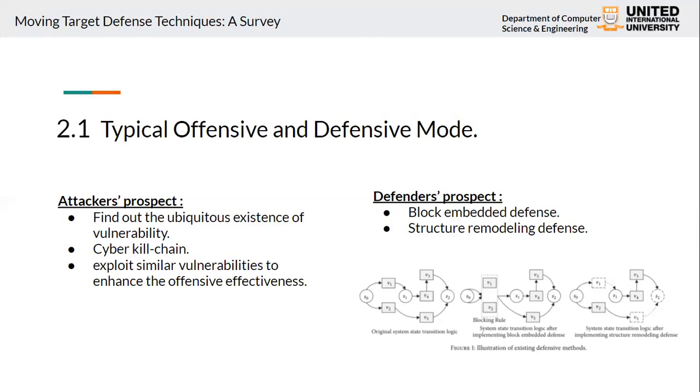Then the author describes the cyber kill chain that has been accepted by most attackers. The cyber kill chain is basically a multi-stage, segmental, instructive model proposed by Lockheed Martin Corporation.